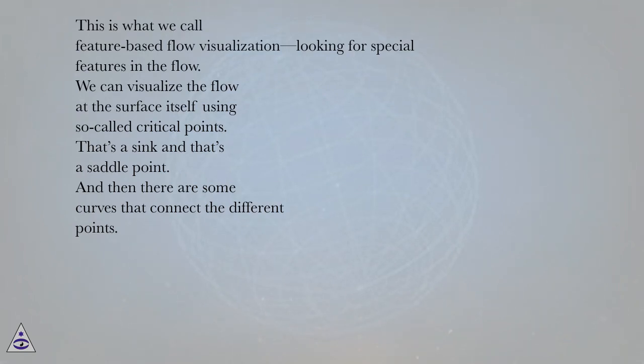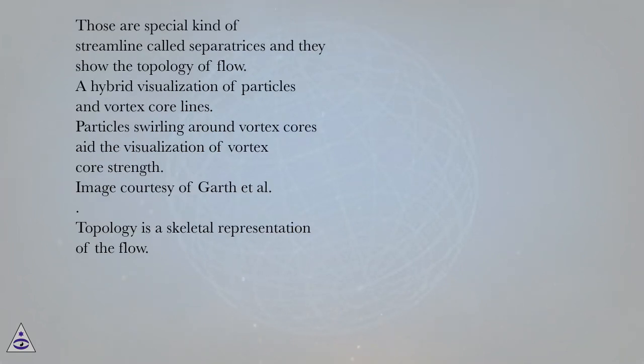That's a sink and that's a saddle point. And then there are some curves that connect the different points. Those are a special kind of streamline called separatrices, and they show the topology of flow. A hybrid visualization of particles and vortex core lines. Particles swirling around vortex cores aid the visualization of vortex core strength. Image courtesy of Garth et al.